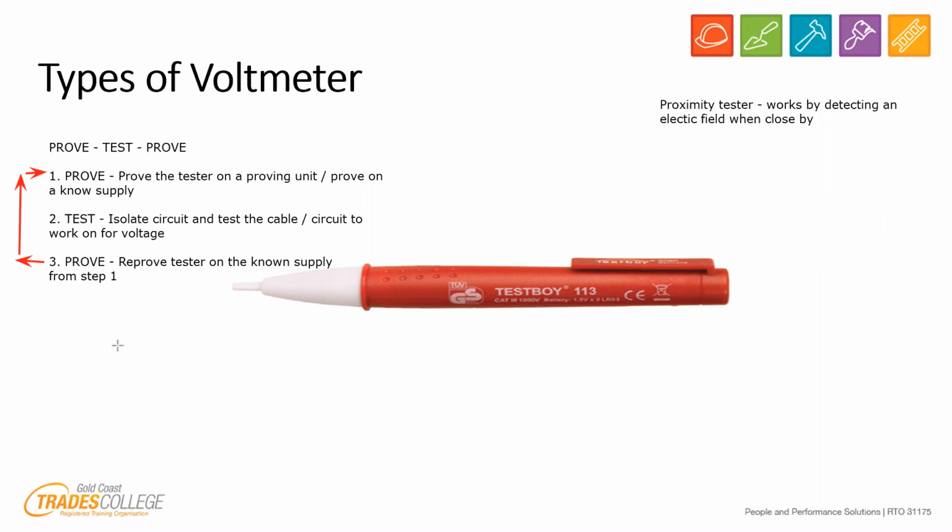Now if I switch my circuit off, I've got my tester, I put it on a known supply or a proving unit, it lights up, I hold it against the cable I want to cut, and it doesn't light up, and then I go back to the first step, the socket or the proving unit, and it lights up again, then I know that the tester is working, and I know that it didn't light up on the circuit I want to work on, which proves the circuit is dead.